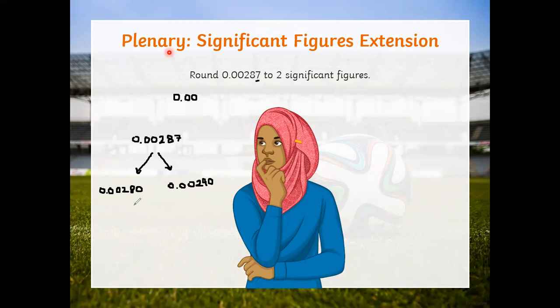So the halfway point in between these two numbers would be 0.00285. So this is the halfway point between these two numbers, right? And we need to see if this number is above this halfway point or below it. And in this case, this is above the halfway point. So the answer to this will be 0.00290.